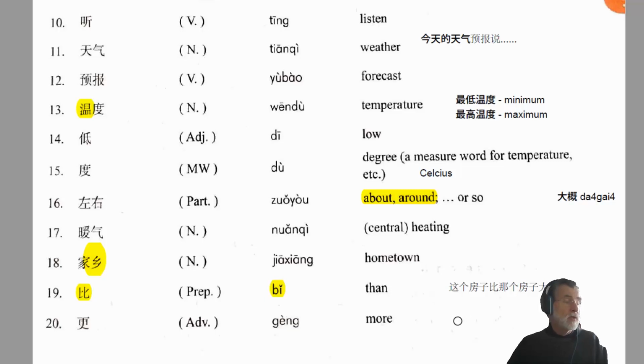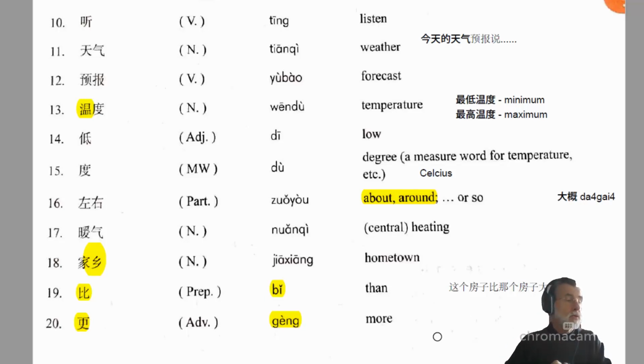And then also we have the next one, 更, which means more. So you might say this is even better. Now, in English, we don't say more better. That's bad English. What we say is that this is even better than, or just better than.